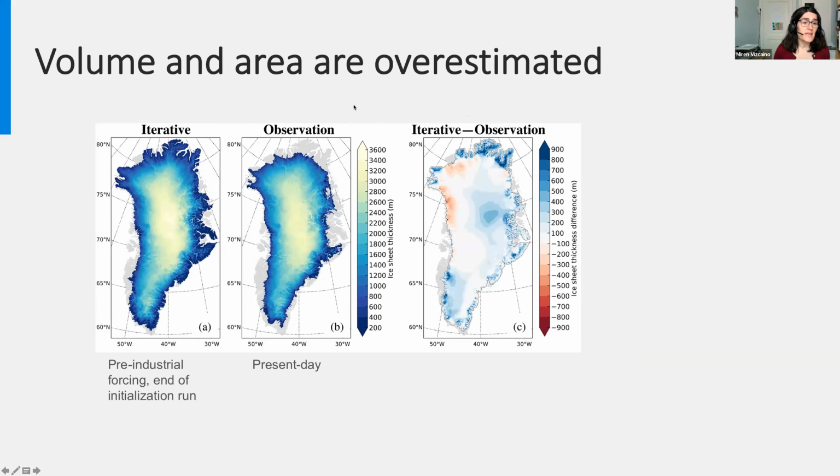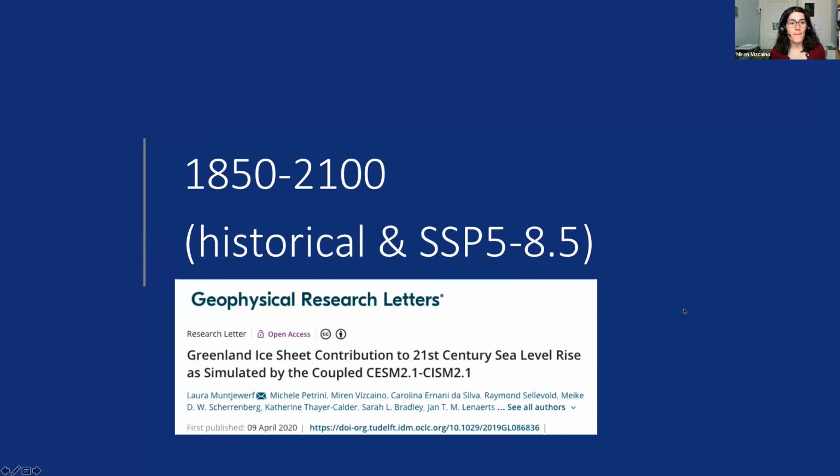Okay, so our initial state overestimates volume. This is our ice sheet, and this is the ice sheet from observations. But our ice sheet is stable. There is no major drift. We are happy, and we will work on a more realistic topography in future work.